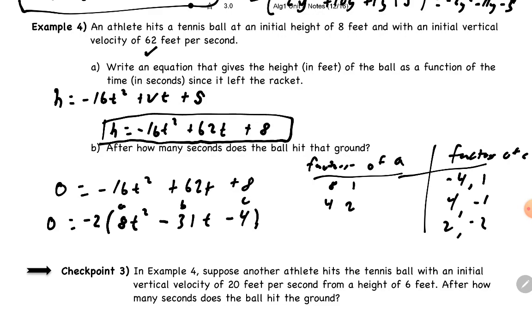But after some trial and error, this actually comes out to be, so factored, we have the negative 2 on the outside, and then we're factoring this. This actually comes out to be 8t times the quantity, t minus 4, and this one is plus 1.